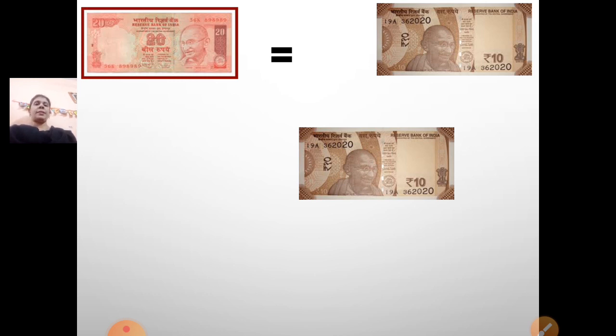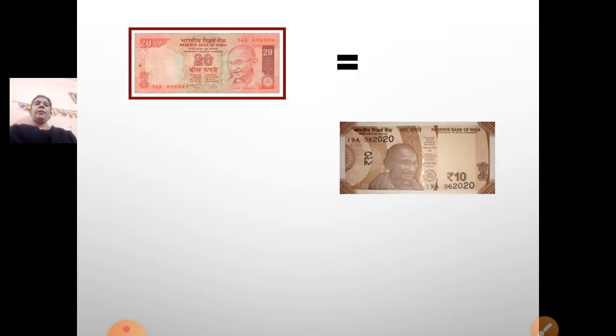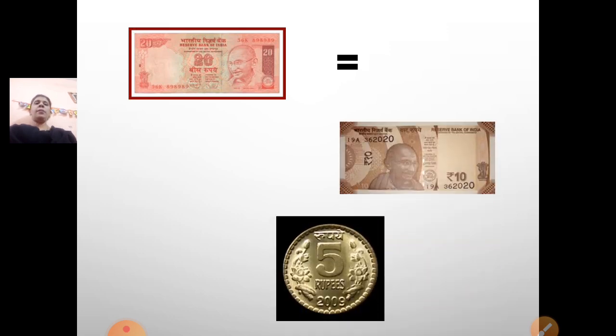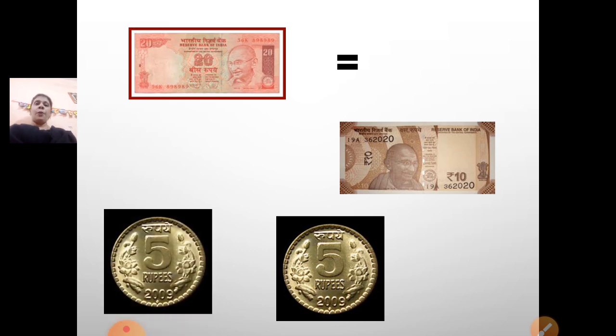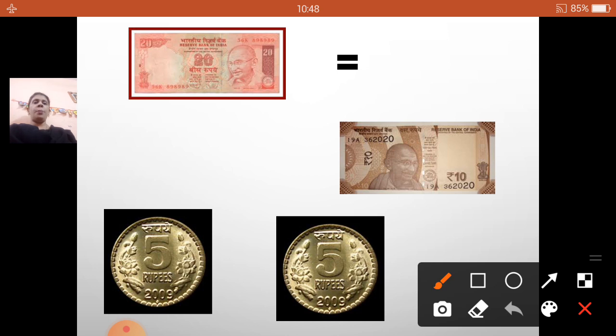Okay. Now next. Now this 20 rupees, again what change are you going to take or what amount are you going to use to make this 20 rupees? One 10 rupee note, one 5 rupee coin and one more 5 rupee coin. Now let us total and see, children, whether it comes to 20 rupees.